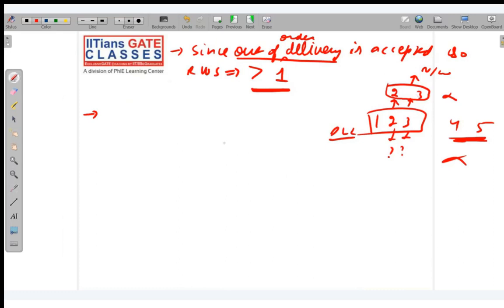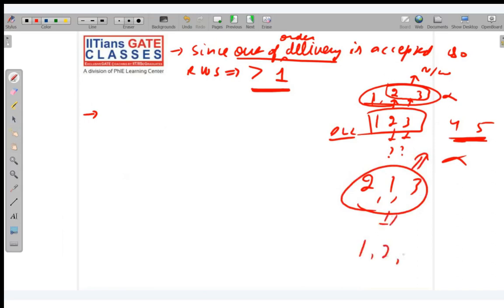Next. Since you have to deliver them in order, directly and indirectly this means that when 1 2 and 3 all the frames have been received by the receiver, only then will they be transferred to the network layer. If 2 comes first, then 2 will be before 1, and then 3 comes like this. So these cannot be transferred to the network layer. You have to sort them 1 2 3, and then you can deliver to the network layer.